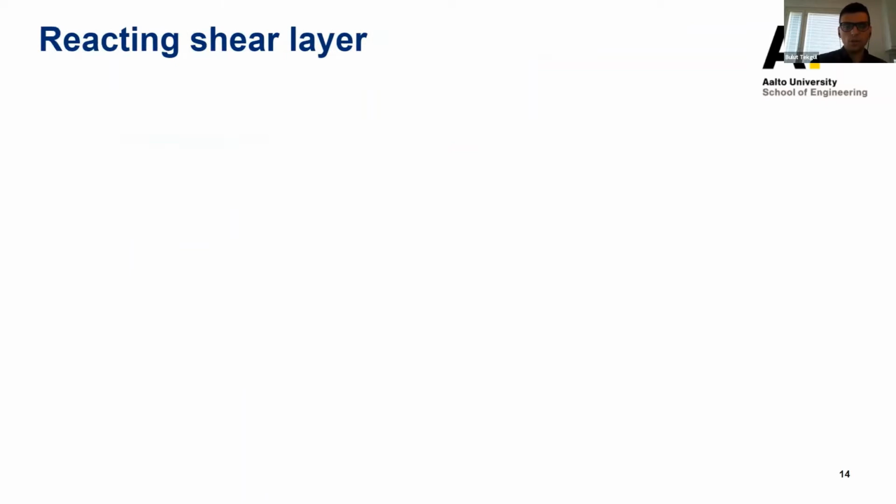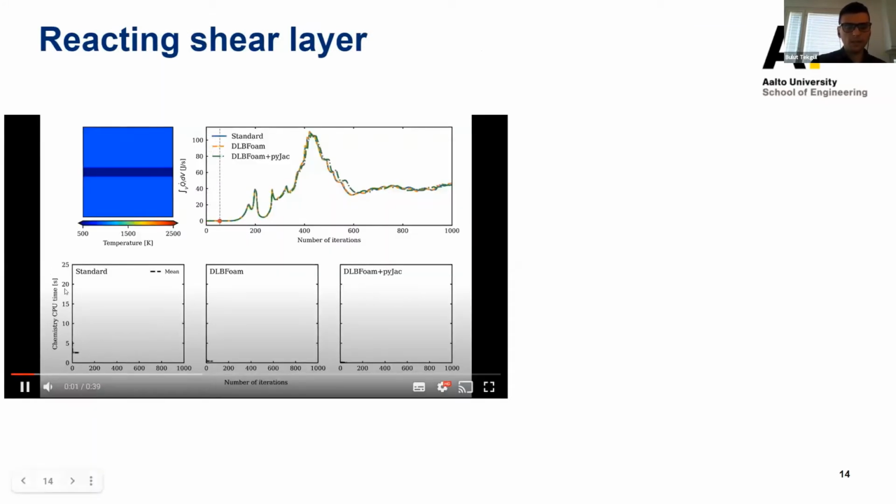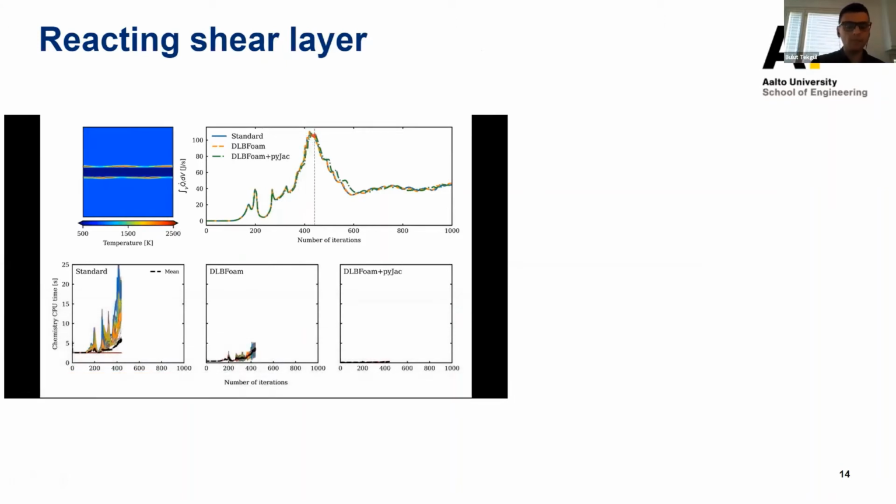So now I'm going to show you this animation. The left-hand side block is the standard, and each line you see in the figure is one processor. The middle is DLBFoam, which is load balancing and reference mapping, and the right-hand side is basically everything bundled together: DLBFoam, PyJac, and LAPACK.